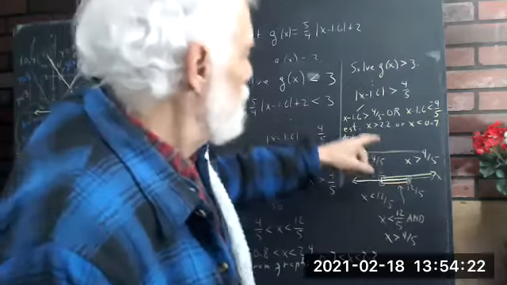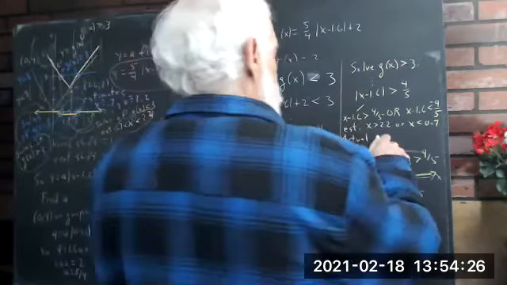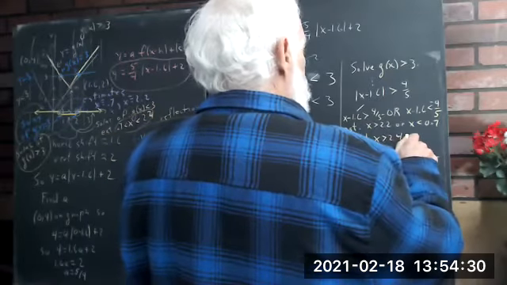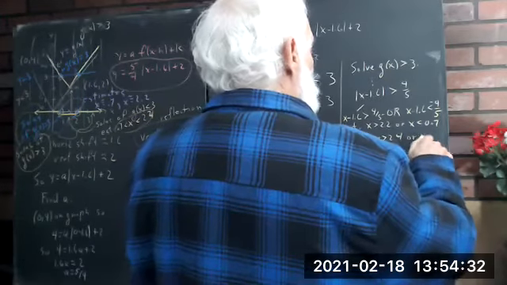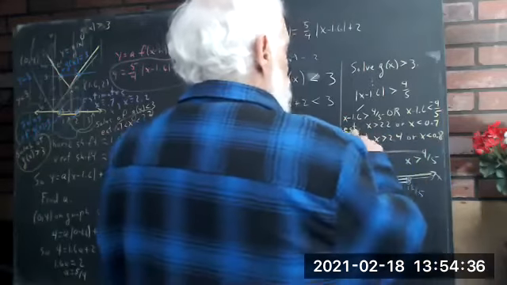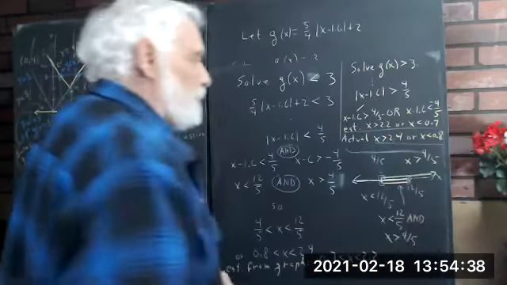That's what you get. If you solve this inequality, what you get is x is greater than 2.4 or x is less than 0.8.